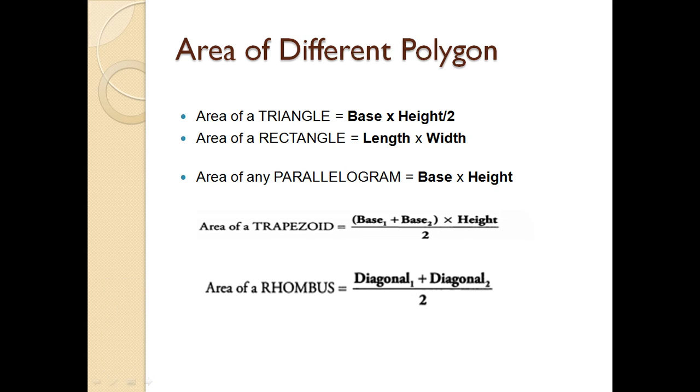Area of a triangle is 1 by 2 base into height. Area of a rectangle is length into width. Area of a parallelogram is base into height. Area of a trapezoid is base 1 plus base 2, the sum of the bases, divided by 2 multiplied by height. And area of a rhombus is sum of the diagonals divided by 2.